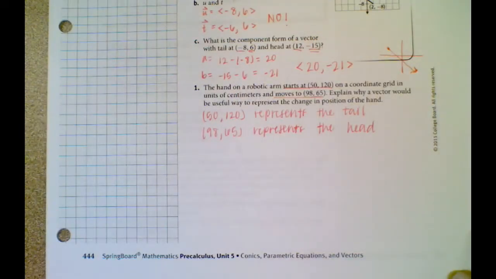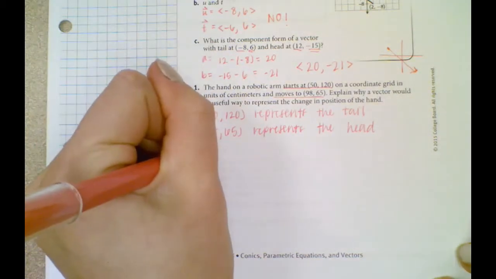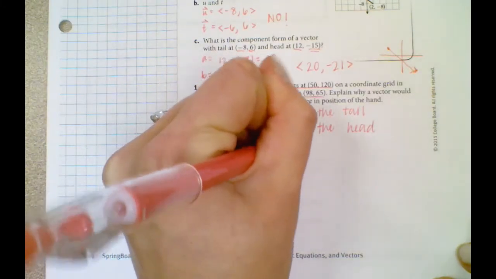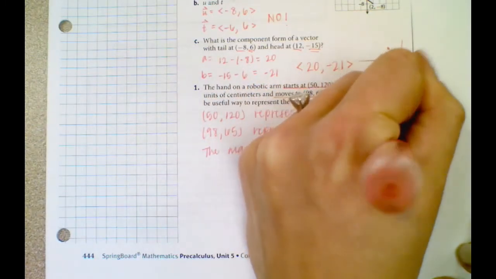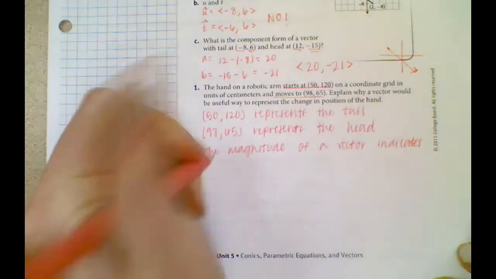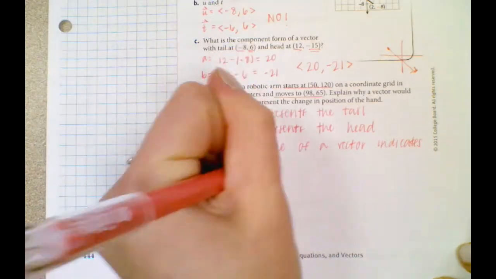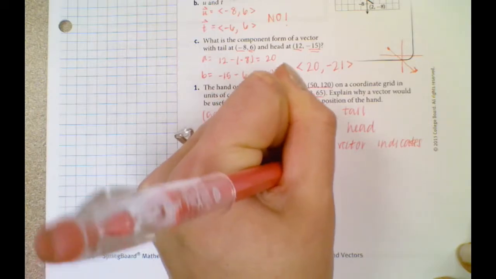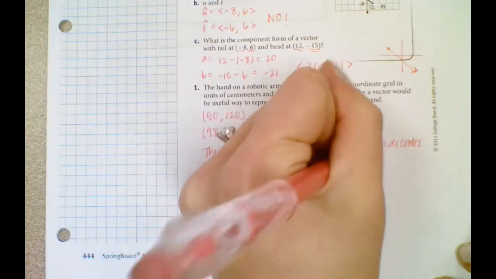Okay? A vector would be useful to represent this change in position of the hand because with vectors we can find the magnitude, and the magnitude of a vector indicates the distance between your initial and final positions.